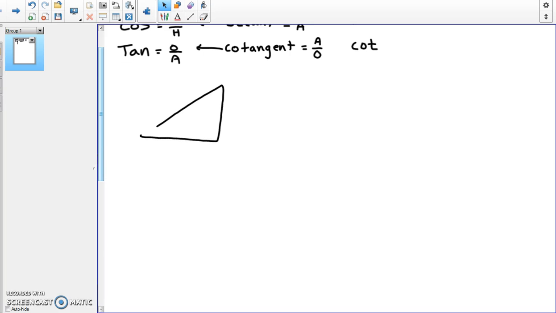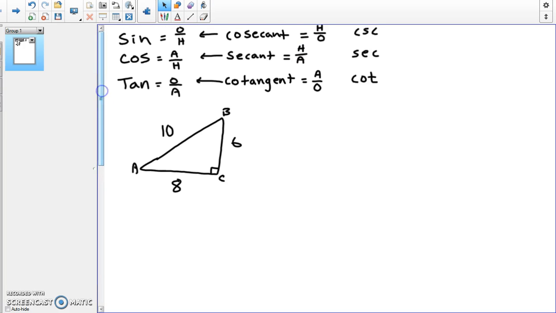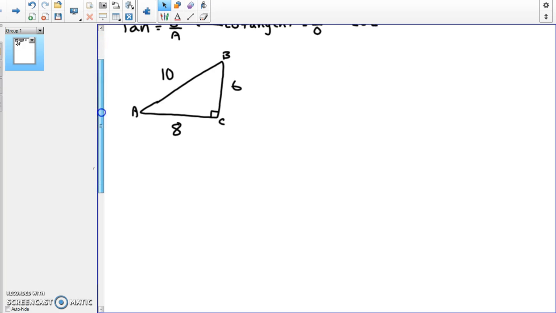Okay. So if we have a triangle, for example, let me just draw a little quick example here for you to reference. Let's say that this side is 6, this side is 8, and this side is 10. We'll call that angle A, there's B, and there's C. So, we could do sine, cosine, and tangent of angle A and B. Let's do some of the new ones here, cosecant, secant, and cotangent.